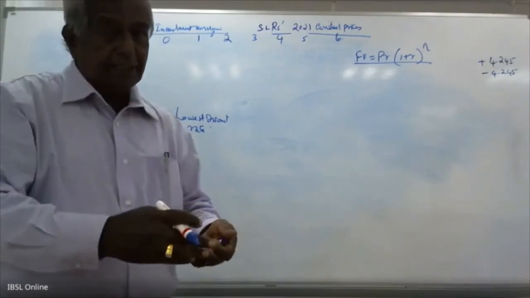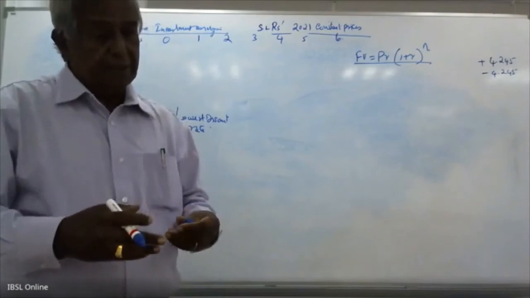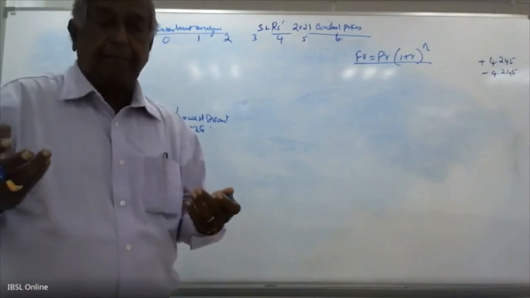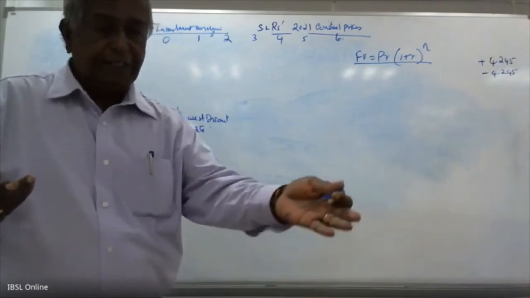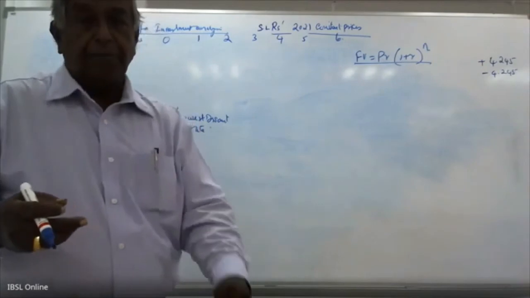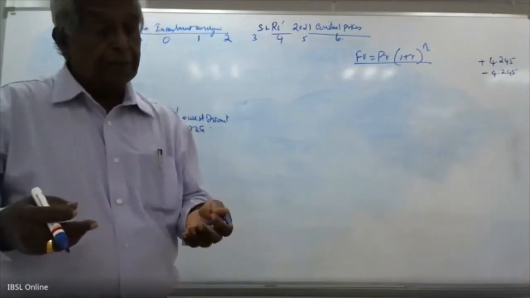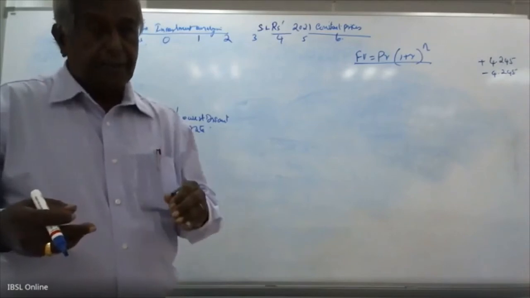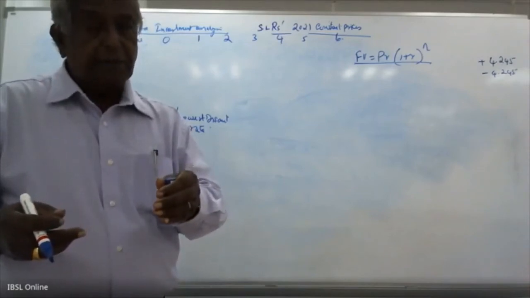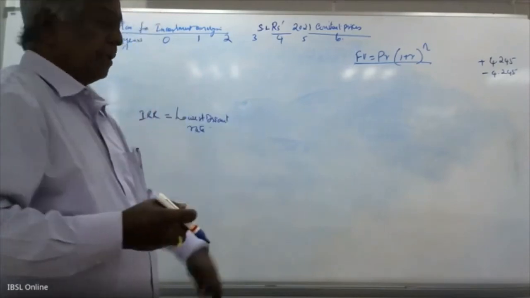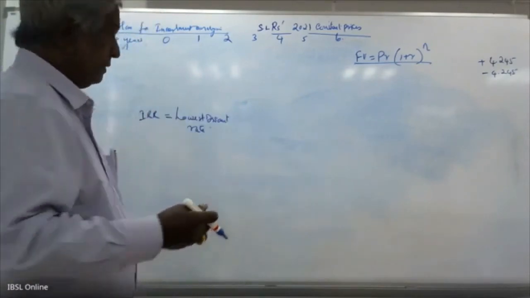In our example, 13% is the lowest discount rate and the higher discount rate is 18%. Just now we have done the calculation, no? In our previous problem, the lowest discount rate was 13%.